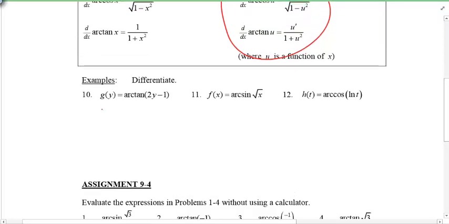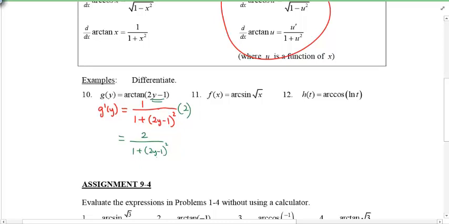So for number 10, g prime of y, since it's arctangent, the derivative of arctangent is just 1 over 1 plus x squared, but this time x is not x, it's a function, 2y minus 1, all squared. And don't forget that hook-on factor for chain rule, an extra factor of 2. So the answer here is just 2 over 1 plus bracket 2y minus 1 all squared.